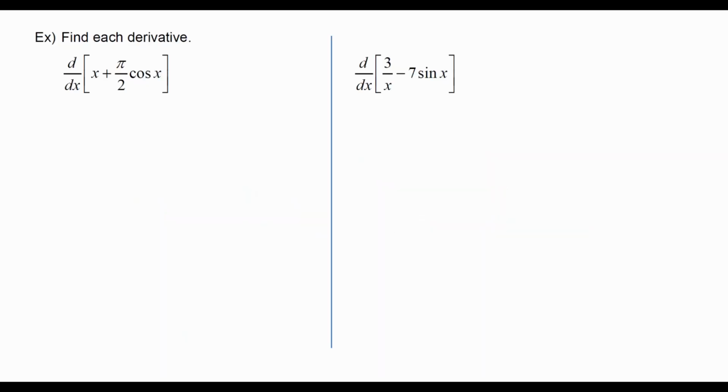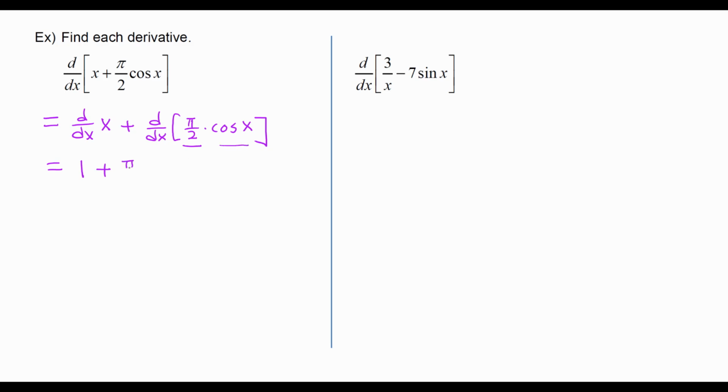Let's do an example. Find each derivative. What's the derivative of x plus pi over 2 cosine x? So this will be equal to the derivative of x plus the derivative of pi over 2 times cosine x. And what is the derivative of x? That will be just the slope, 1. So that is 1 plus the derivative of a scalar multiple times a function.